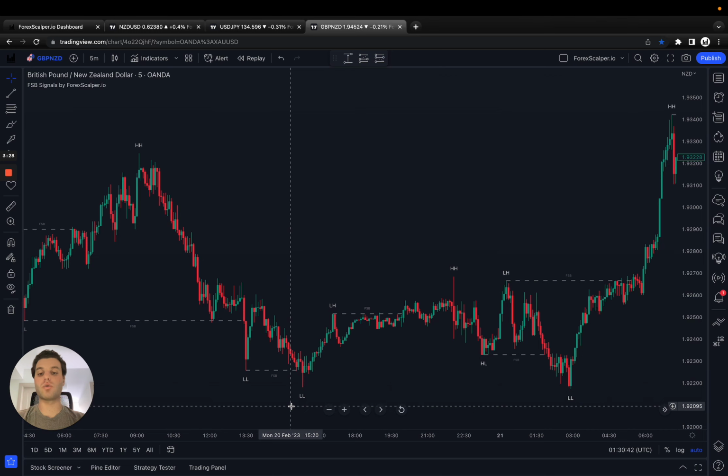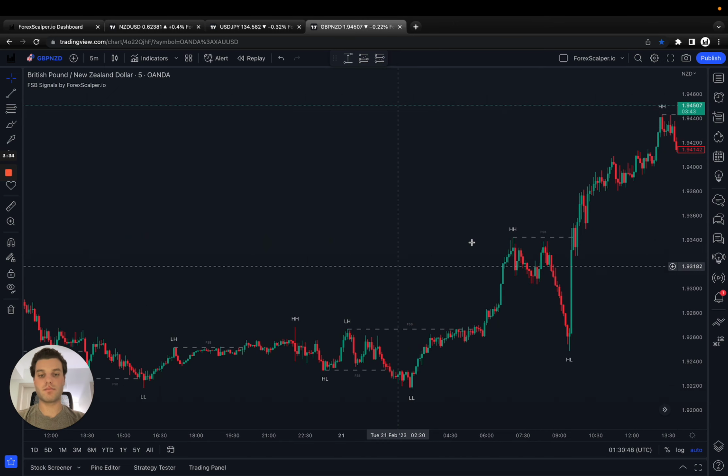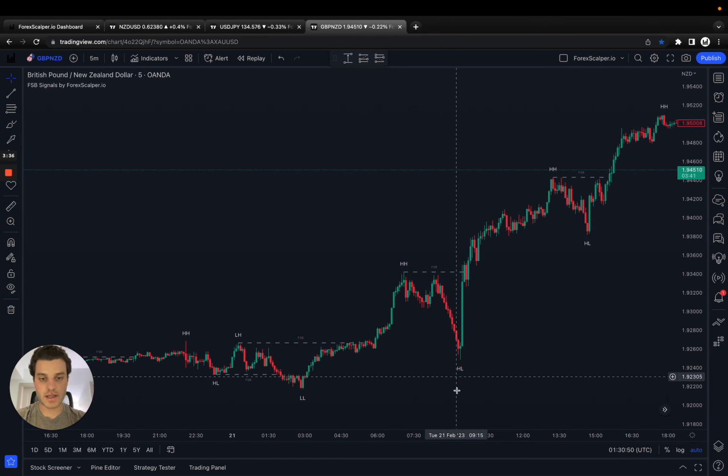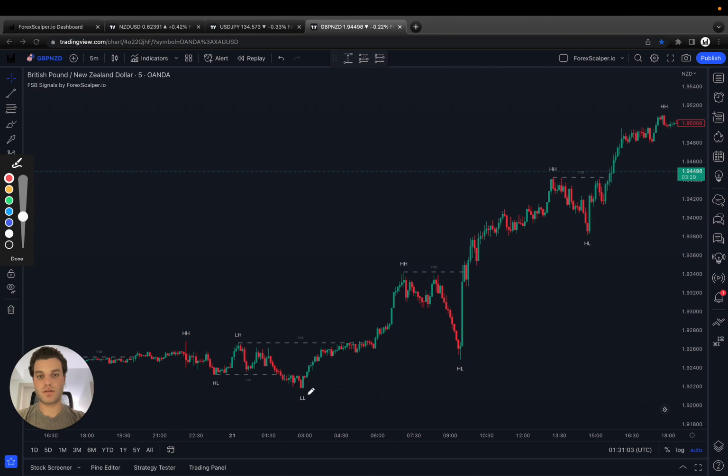It's not a higher low. If it was a higher low, that would mean that we're trending up, right? So a higher low is higher than the previous low, which means that we're in a bullish trend, right?